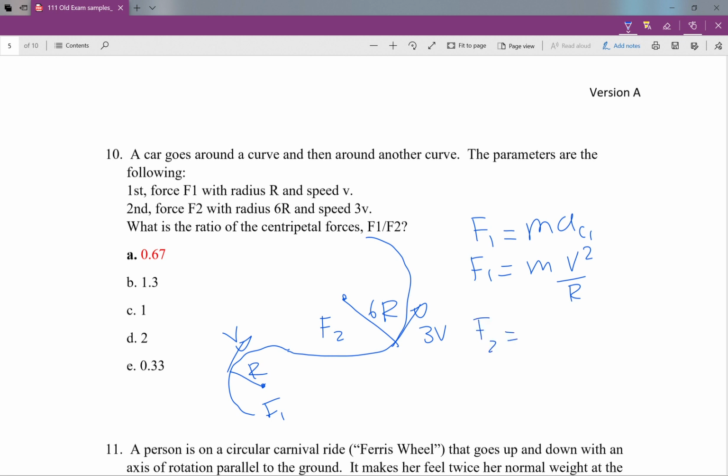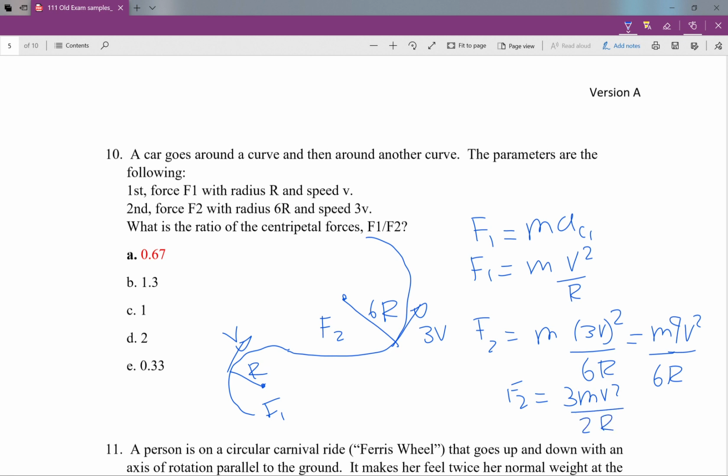For F2 we have m times a_c2, but in this case we have a velocity of 3v squared divided by 6r. That's going to give us m times 9v squared divided by 6r, and that's essentially F2 equals 3mv squared divided by 2r.